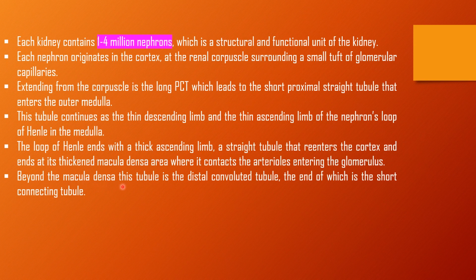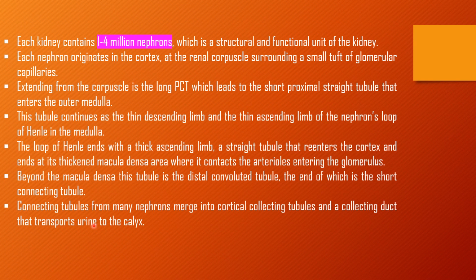Beyond the macula densa, this tubule is the distal convoluted tubule, the end of which is the short connecting tubule. The connecting tubules from many nephrons merge into the cortical collecting tubules and collecting ducts that transport urine to the calyx.